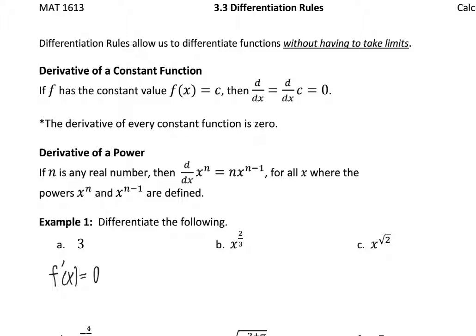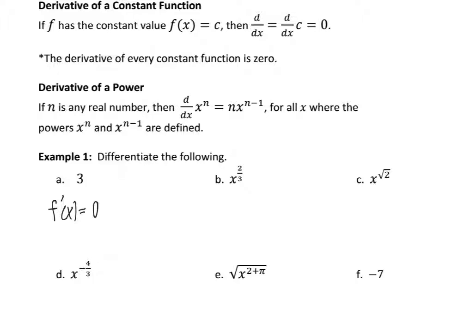Okay, so let's try it out. I'm sorry, I wrote that in black down there. I usually like to write my work in blue. So n in this case is 2/3. So d/dx of x to the 2/3. By writing that d/dx, I'm trying to give you a different notation and get you used to seeing that.